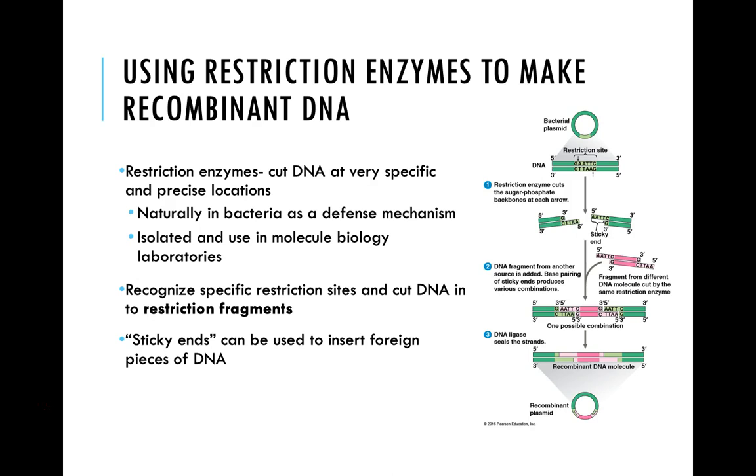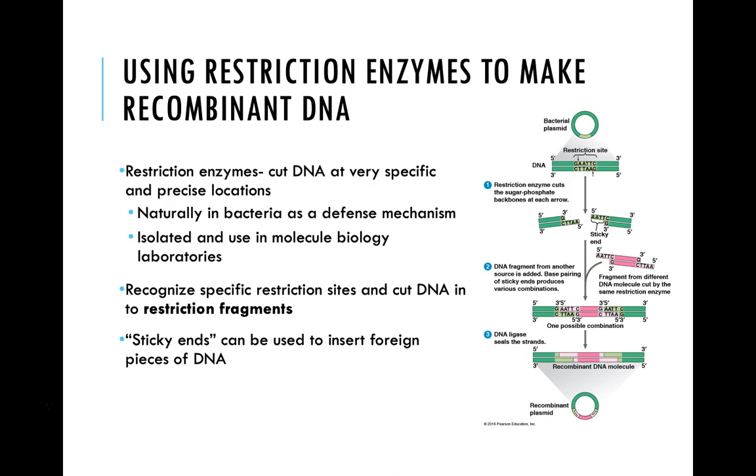They were actually a sort of bacterial immune system that recognizes infection by viruses or other foreign pieces of DNA. Restriction enzymes, actually called restriction endonucleases in bacteria, will cut DNA at very specific locations. So they're a natural defense mechanism.